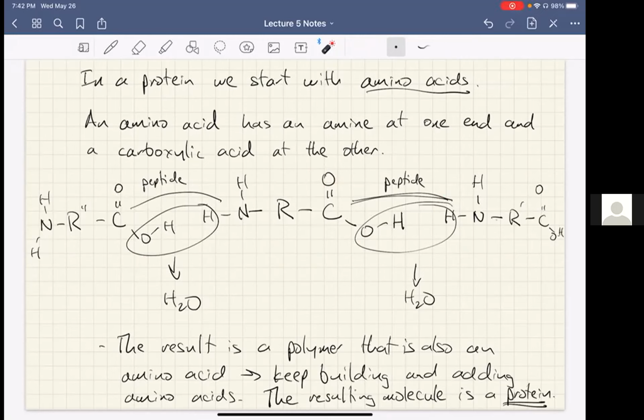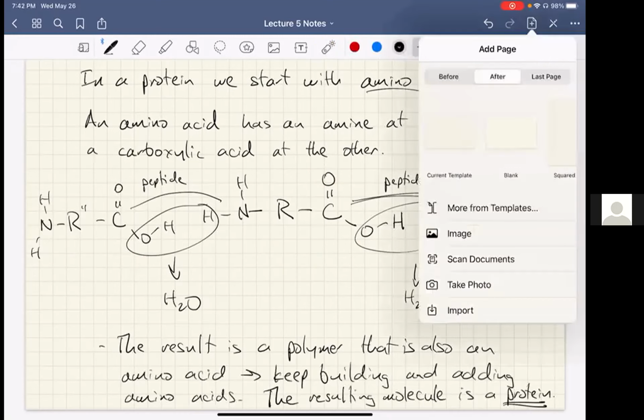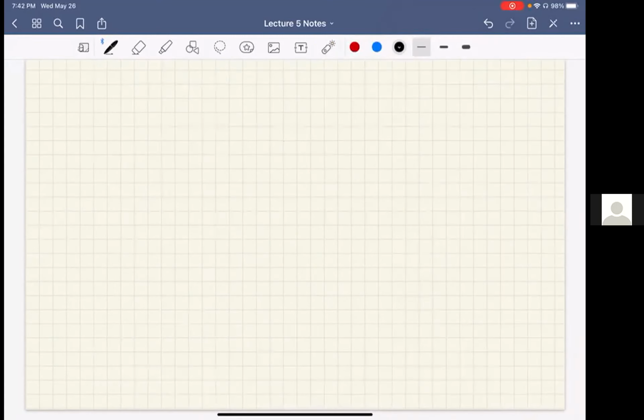So this implies the potential, excuse me, let me back up and just formally define what I mean. So a protein is a polymer composed of amino acids.